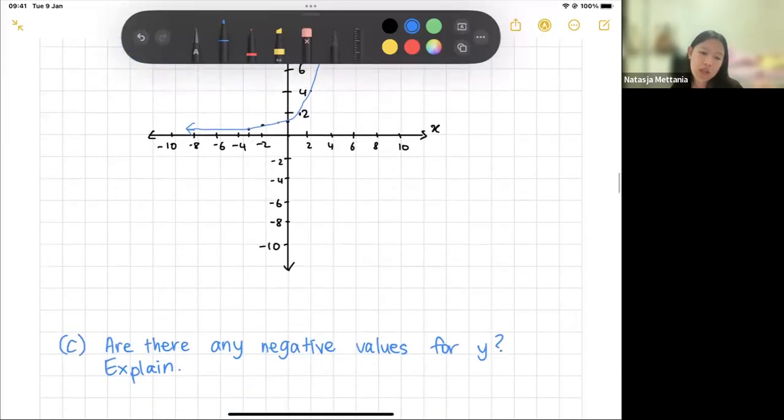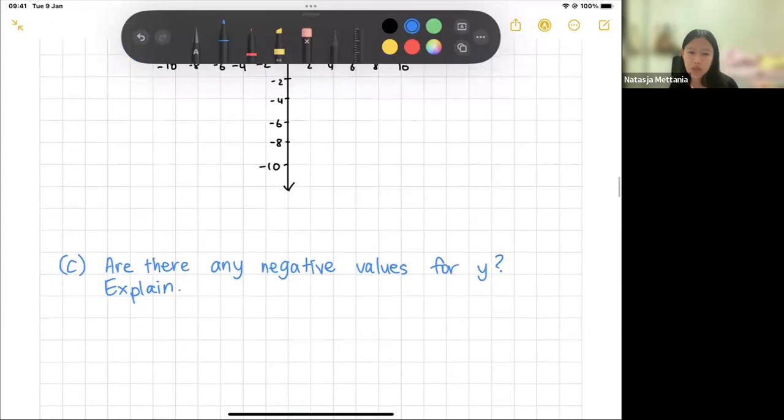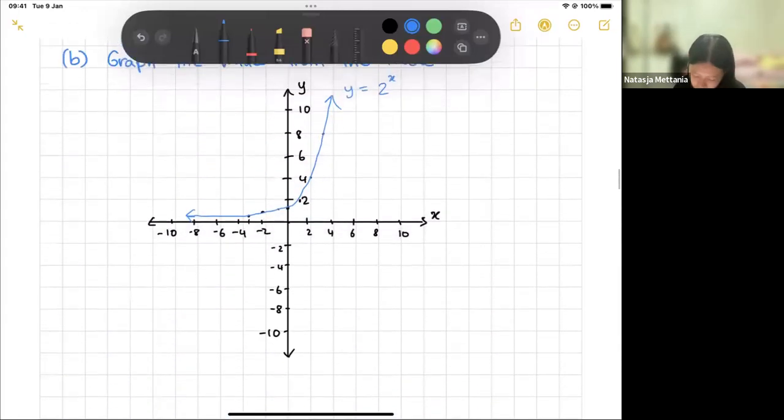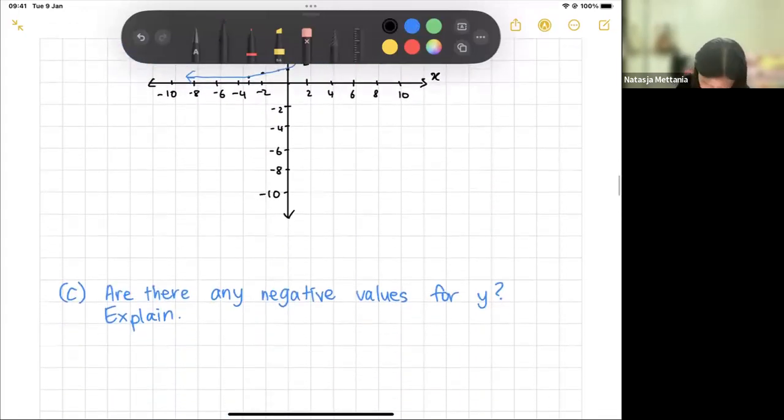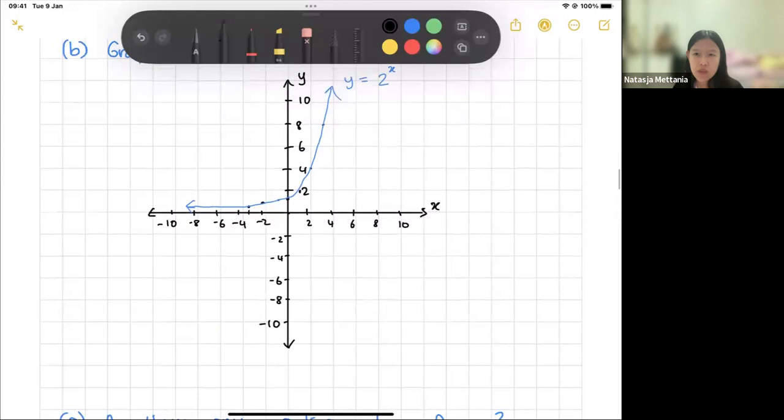Let's look at question C. Are there any negative values for y? Let's look at the graph. No, so I'm going to write down no. Now my explanation is this: you know how we were talking about the asymptote, and you can see from this graph it never reaches 0, so it never passes 0 to go down to the negative.